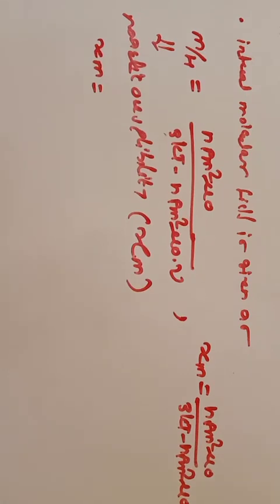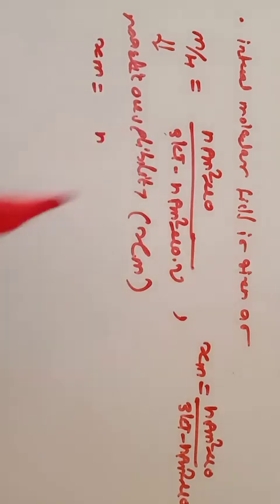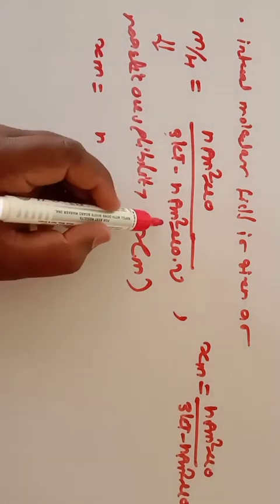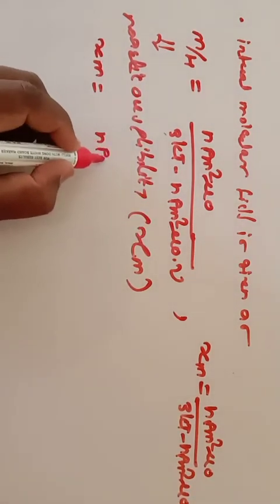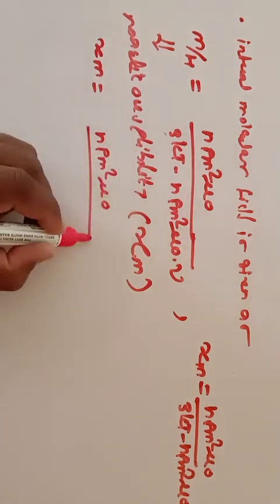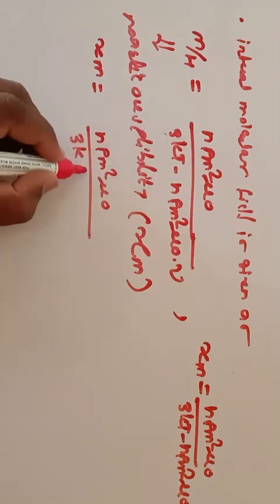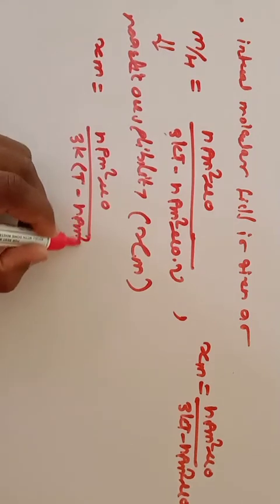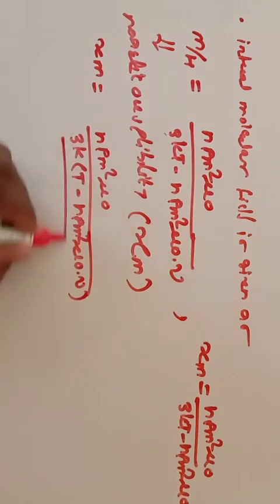Chi by m is equal to, we take thrice k as a common. To get thrice k as a common, you have to divide this denominator by thrice k. So what you get is n pm square mu 0 upon thrice k, upon thrice k t minus n pm square mu 0 into gamma upon thrice k.